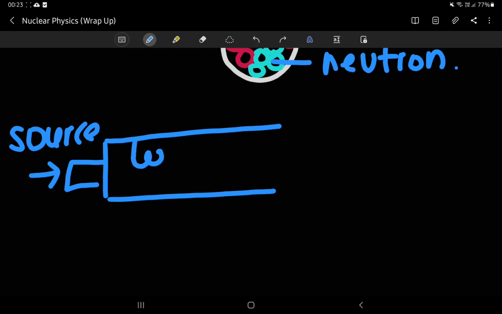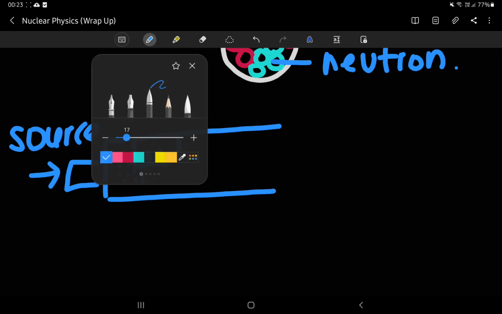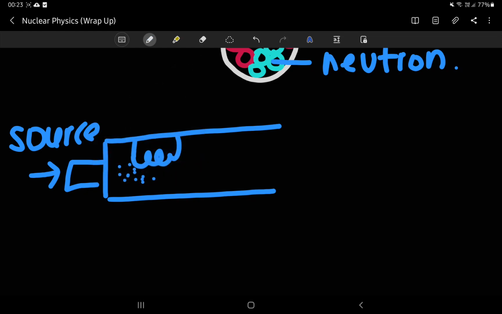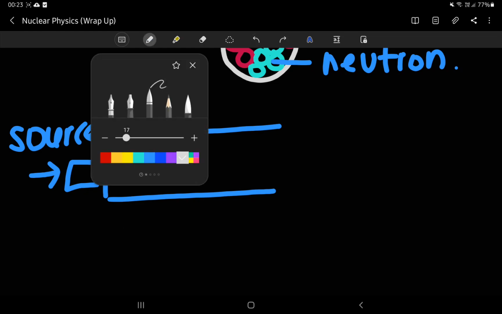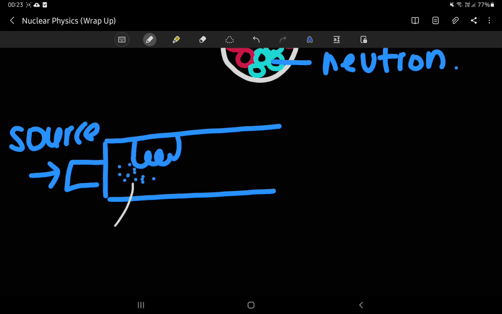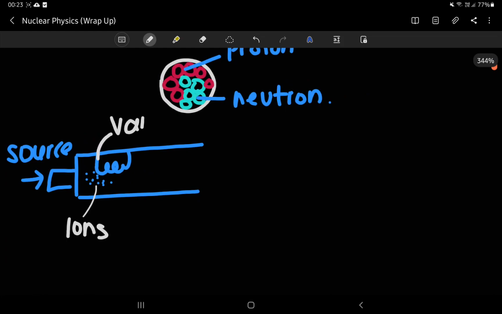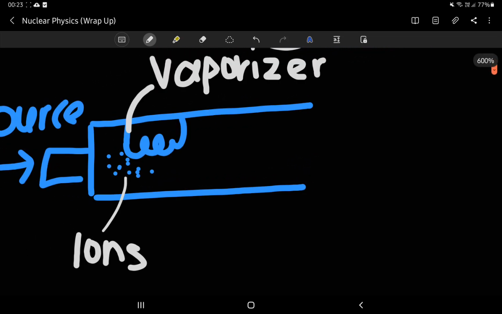This is the vaporizer, to vaporize the atom into ions.